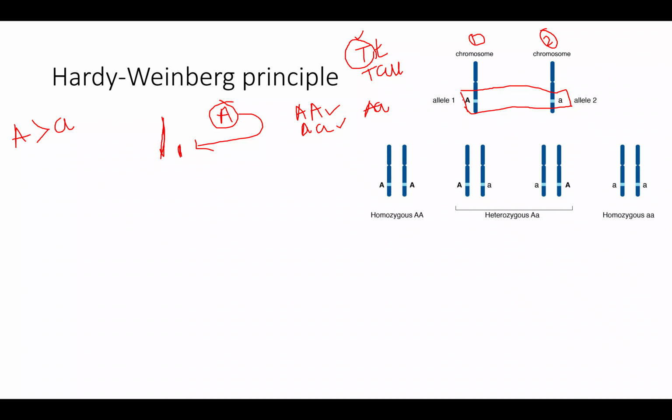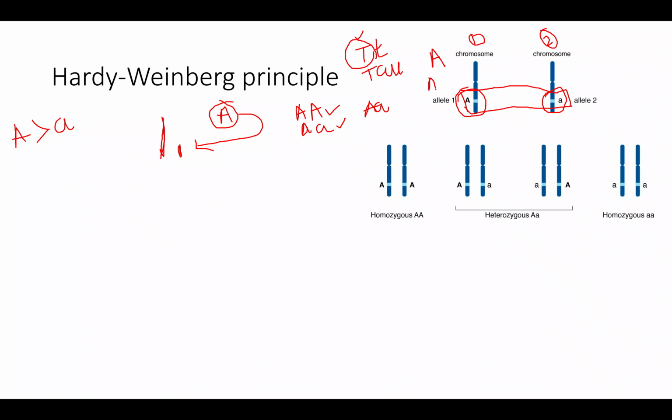There will be gene A somewhere in the chromosome. Since we are diploid organisms, there has to be something on the other side, in chromosome 2. So we can say for a gene, in this case A, there are two alleles. What is an allele? An allele is a different form of the gene.